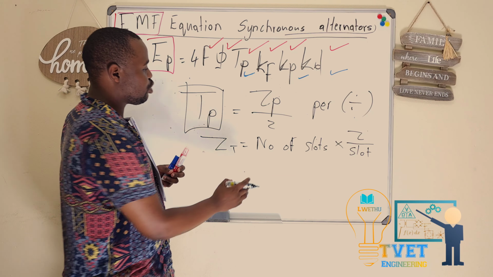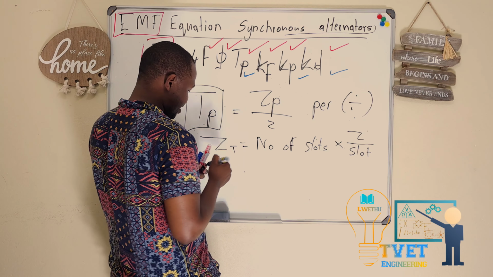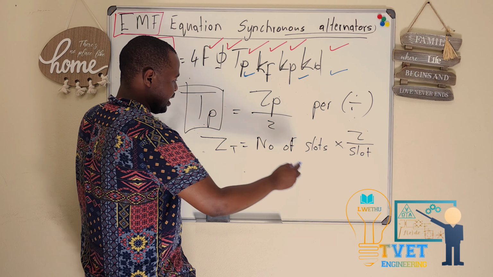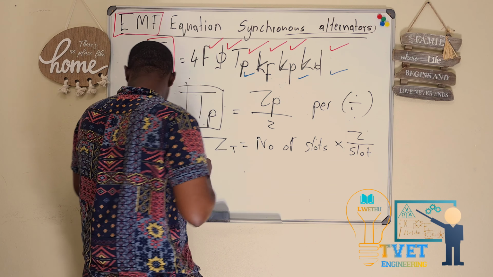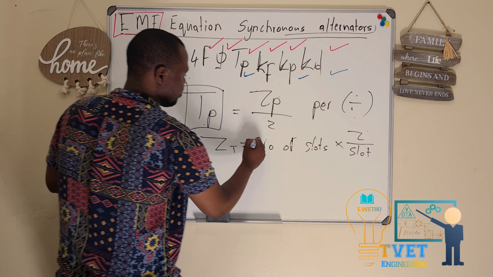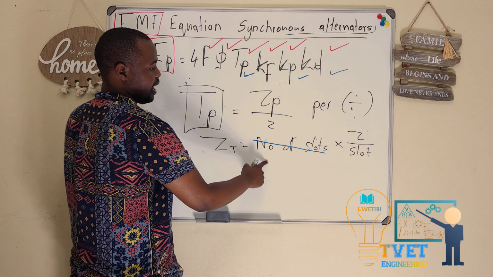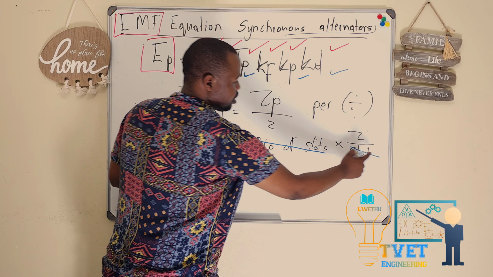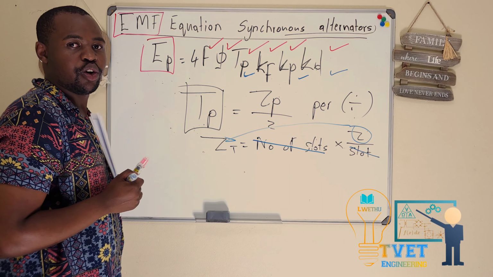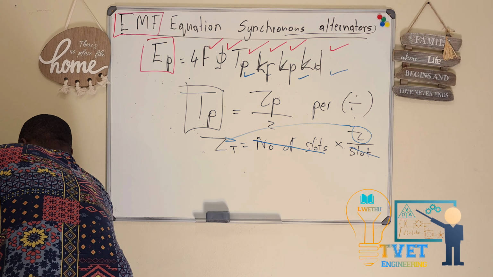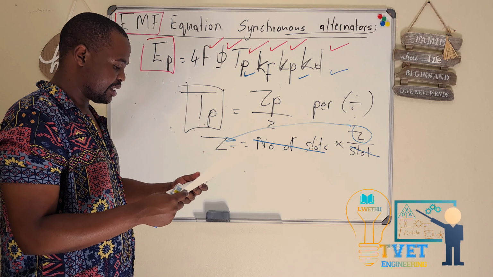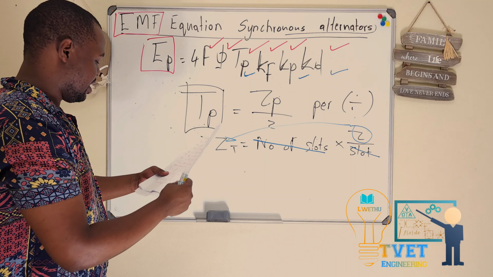It's because if I perform this multiplication, the number of slots and per slot will cancel. Then I'm left with Z, which is the total conductors.